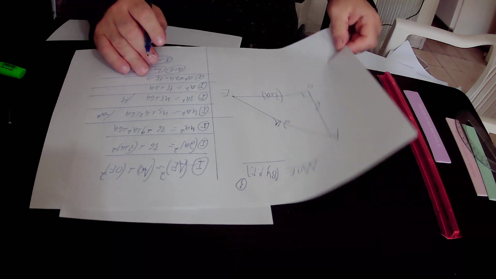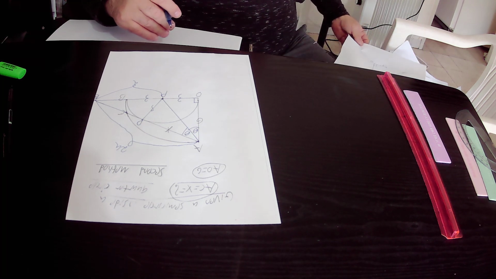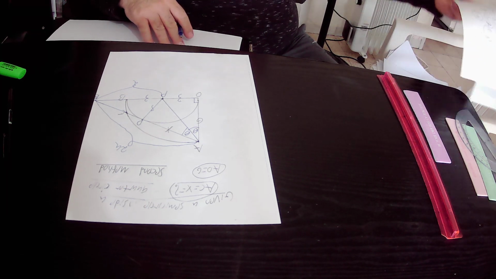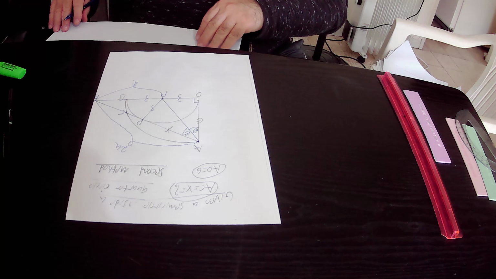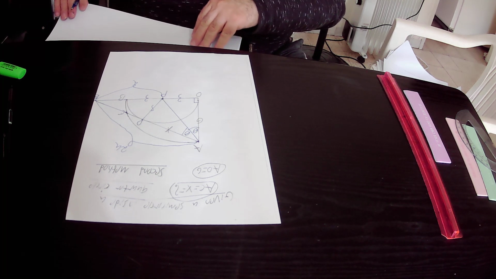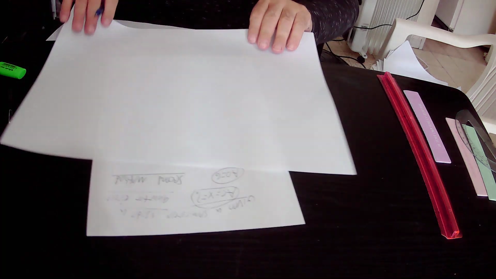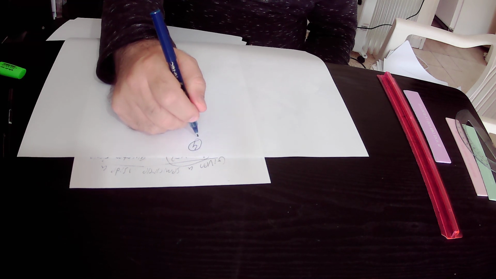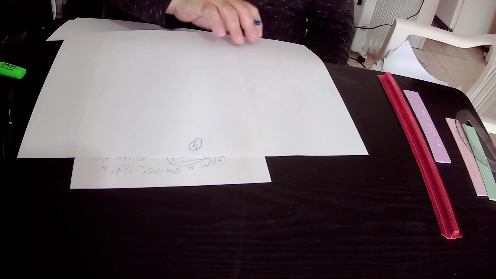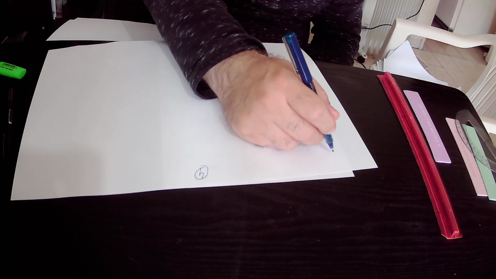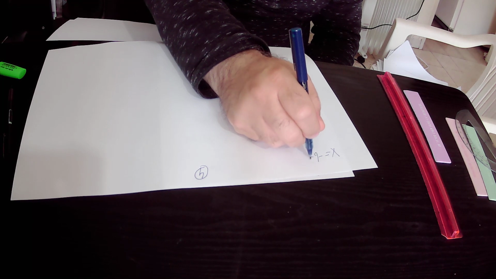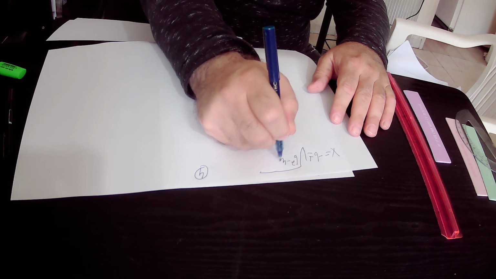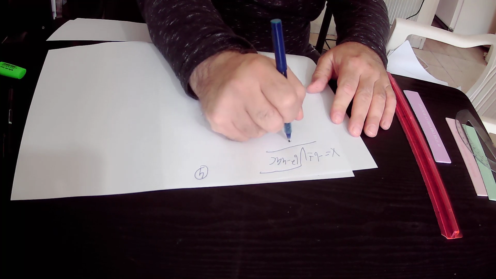And the general formula for solving a quadratic equation is x equals minus b plus minus square root of b squared minus 4 times a times c over 2a.